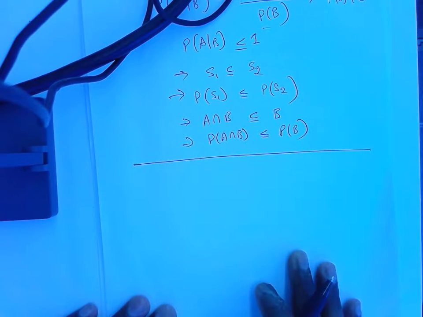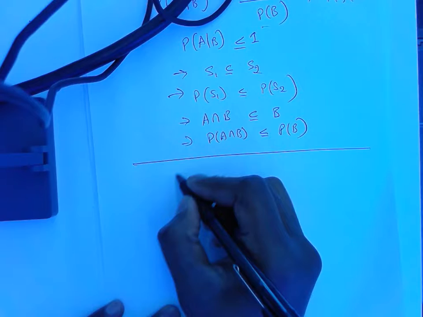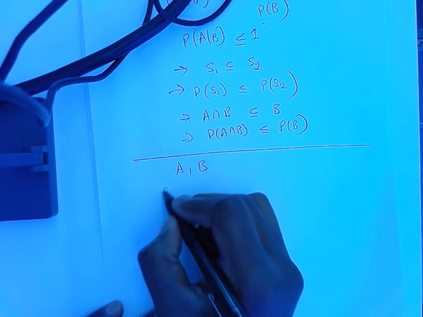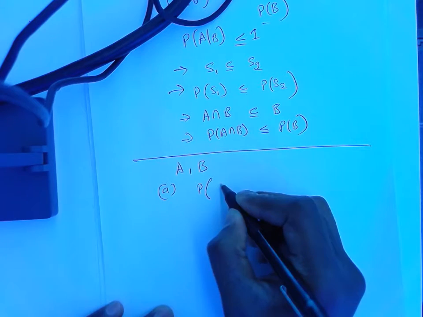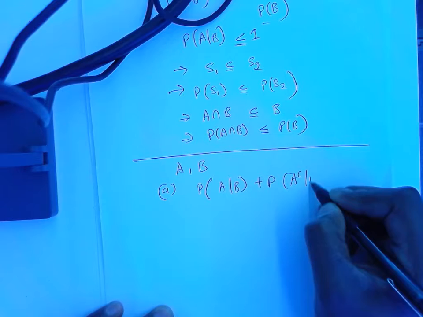This is a multiple choice question. A and B are two events. Choice A: probability of A given B plus probability of A complement given B is equal to 1.